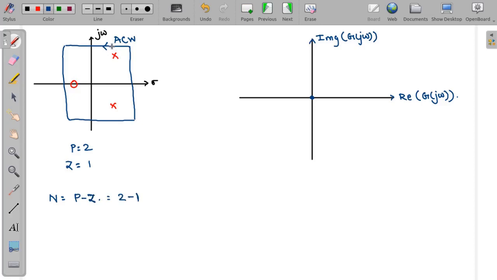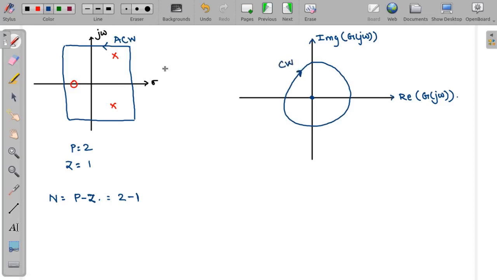And your encirclement over here is in the anti-clockwise direction. So the number of encirclements is going to be 1, but as this is a pole dominant system, whatever is the direction over here, it will be opposite. So it will be clockwise over here.